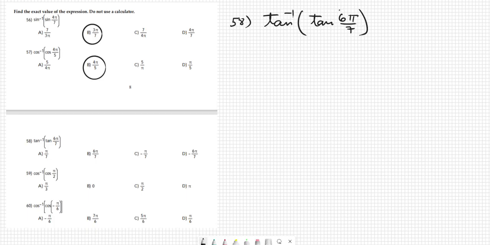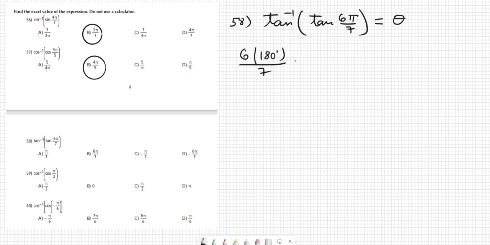Let's do it. So again, the answer is the angle. 6 multiplied by 180 and divided by 7.